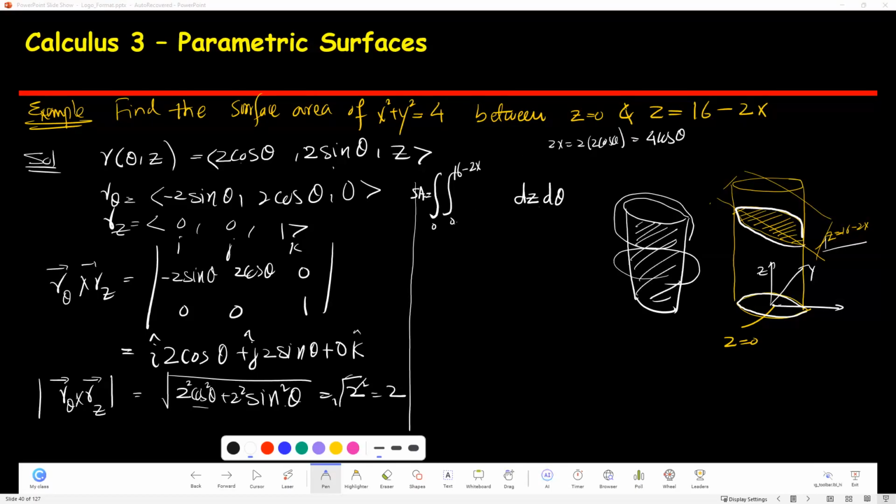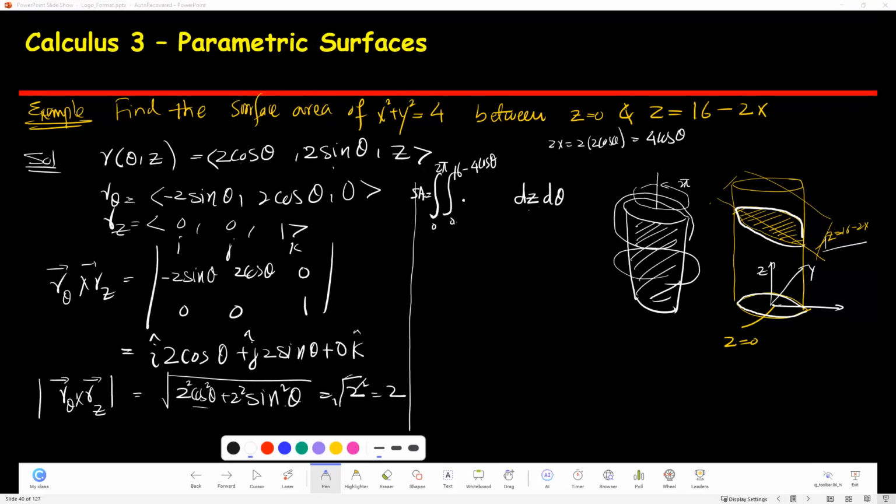I can get rid of this 2x by writing 4 cos theta, because I need the value in theta form. And d theta goes from 0 to 2 pi because it's a complete round. If you see from the top, it makes a complete run, 0 to 2 pi.